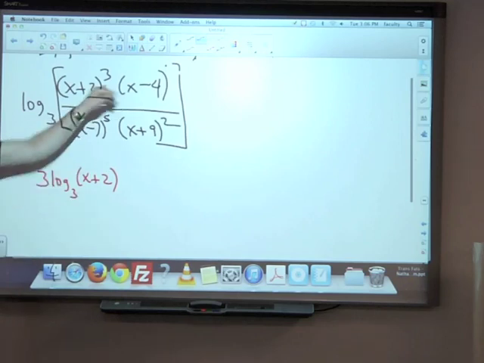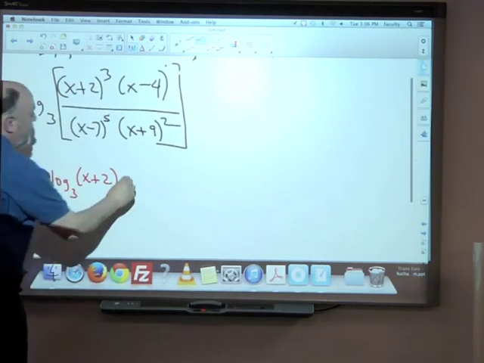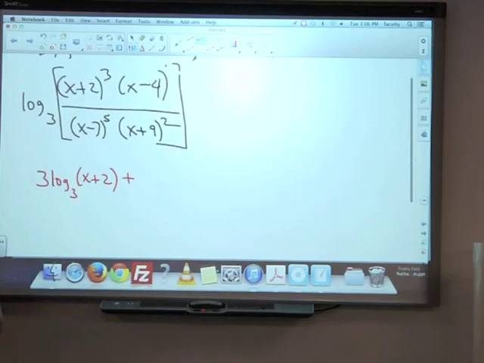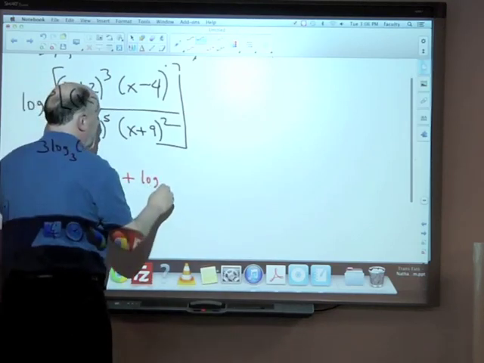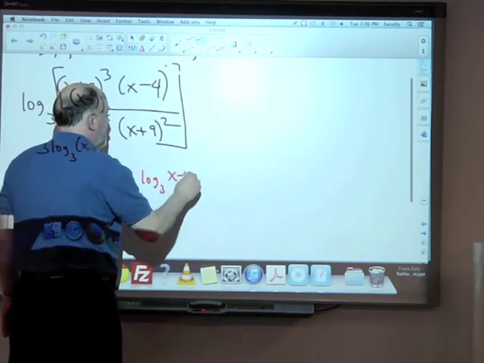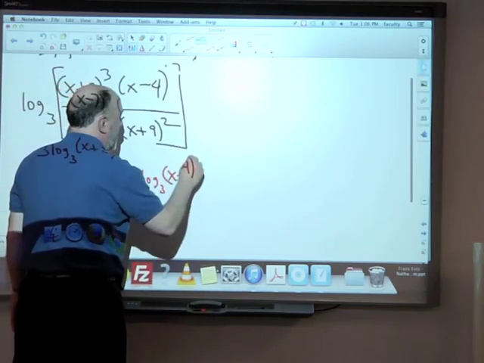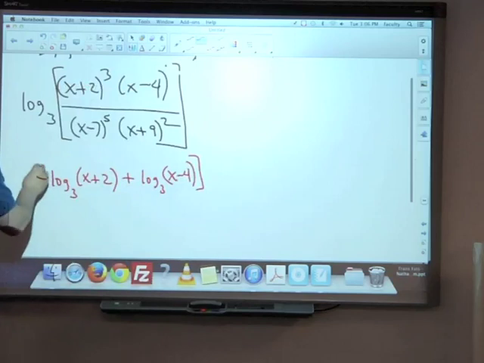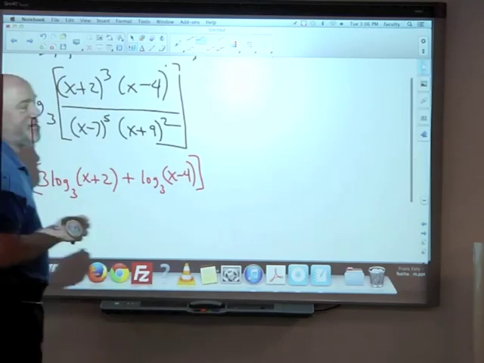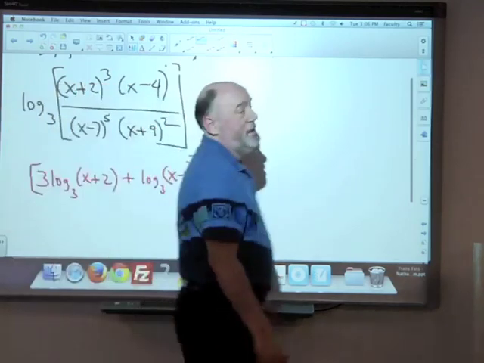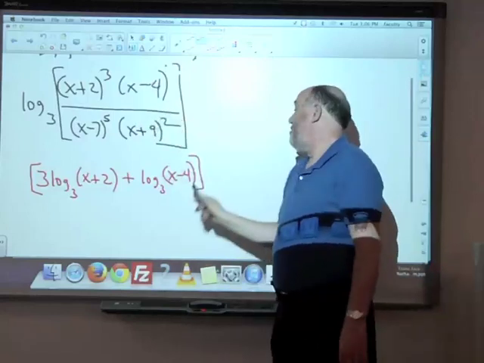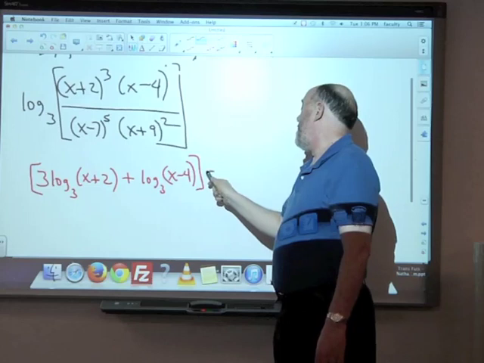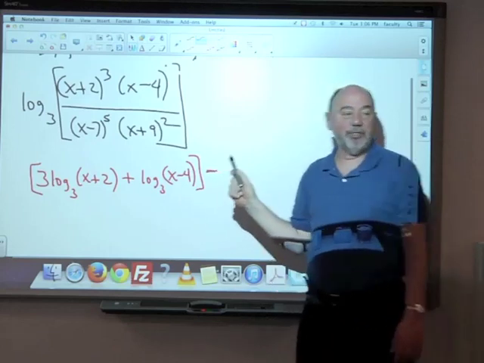Then we're multiplying, so that's going to be the plus, and then it'll be the log base 3 of x minus 4. Let's cordon off that first part in brackets. And then it's divided, the fraction bar, that corresponds to my subtraction from the quotient rule.